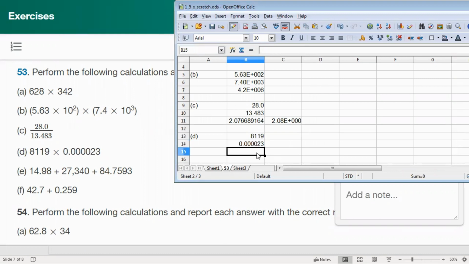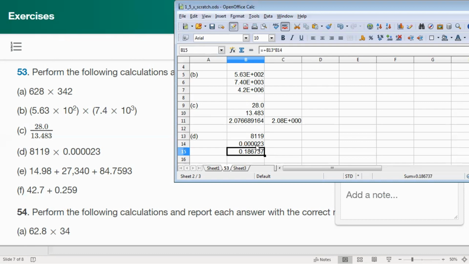Again, just go to the spreadsheet, an empty cell, type in a plus, point to the first input, proper term is factor, type a star, go to the second factor, 0.186. That should round up to 1.9.